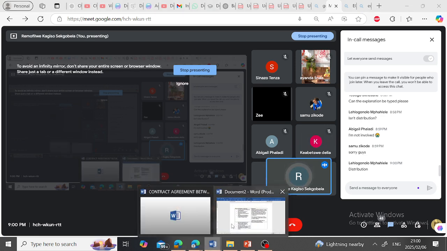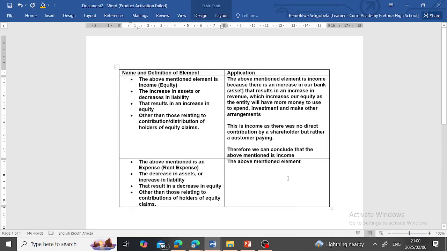We'll get back to that, but that's just the technicality. The above mentioned is an expense, right? Take rent expense. Rent expense decreases our bank account, which is an asset. That results in a decrease in equity as we have less money now as an entity.